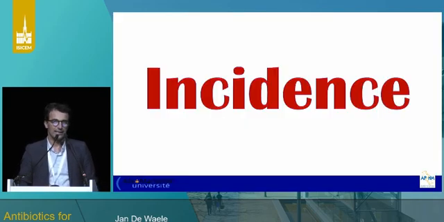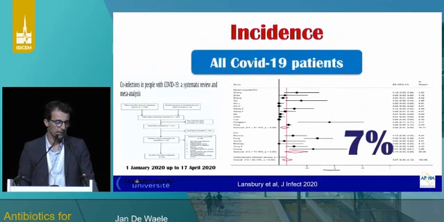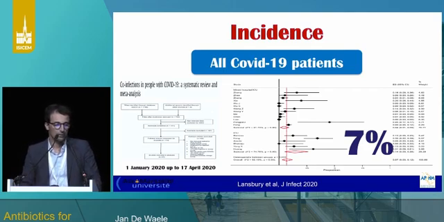Do we need that in our COVID-19 patients? First, what is the incidence of bacterial co-infection in these patients? If you look at a study with all types of patients with COVID-19 in hospital, the rate of co-infection in this systematic review is 7%.